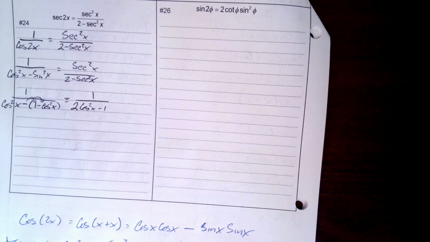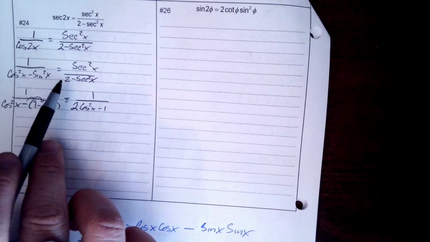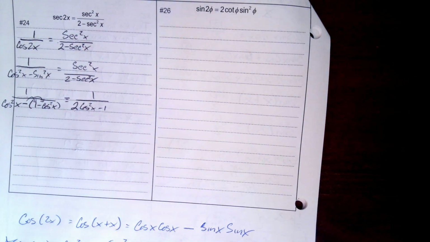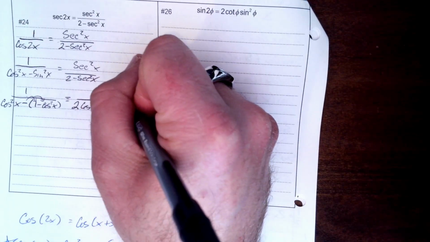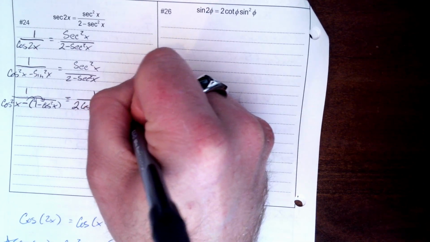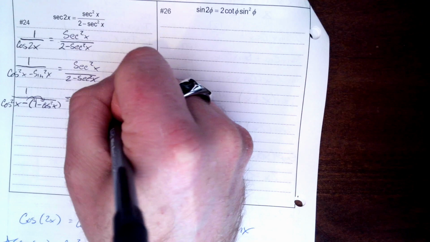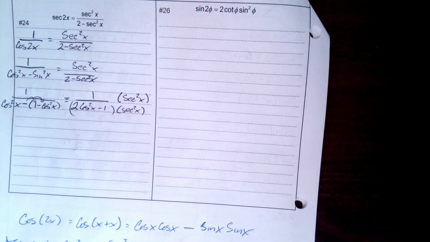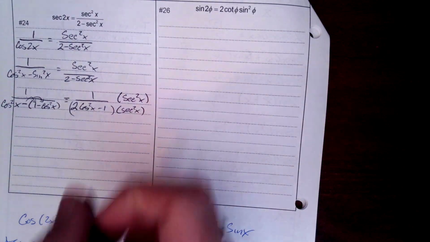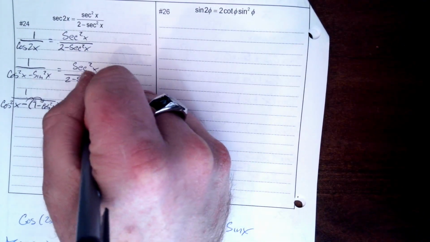And if we change the base a little bit here, because I now see my 2 and my minus, if I multiply the top and bottom by the secant squared, we can distribute on the bottom. And remember, cosine times secant is 1, so cosine squared times secant squared is 1 when we distribute.